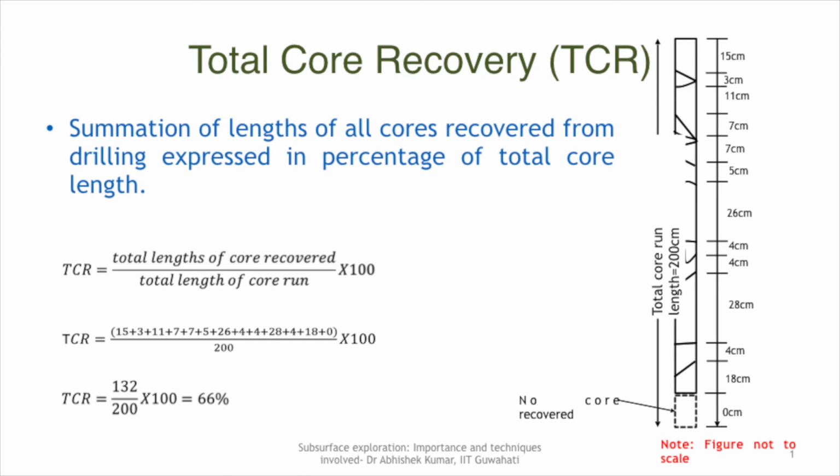Whatever core you have recovered, if in small pieces, you will sum up here, and then you will determine the total core recovery. So you can say here 66% core has been recovered, this portion cannot be recovered. You can determine the summation of all these parameters, that will give you the length of the core which could not be recovered, whether it was too crushed material or too weathered material. So 66% is the total core recovery.